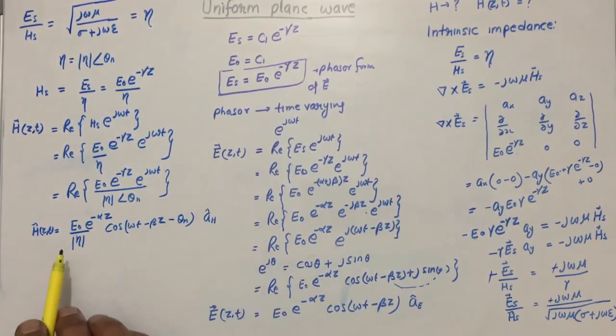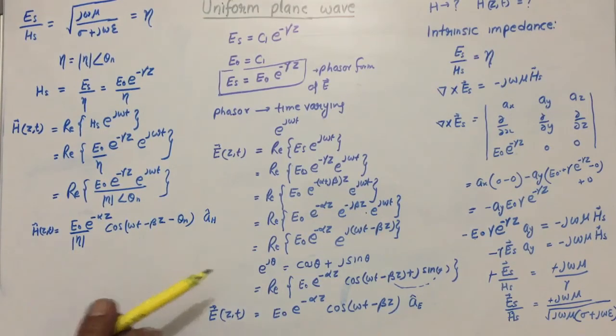So this is the time varying magnetic field when the wave propagates in the z direction.